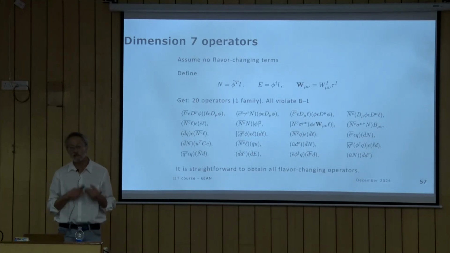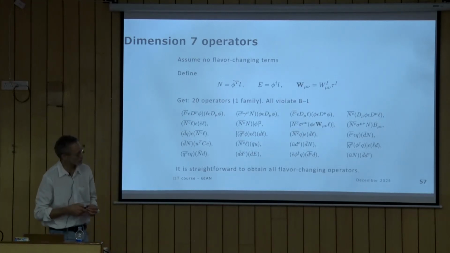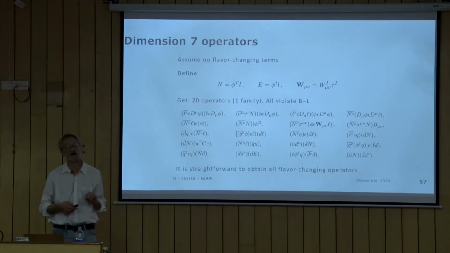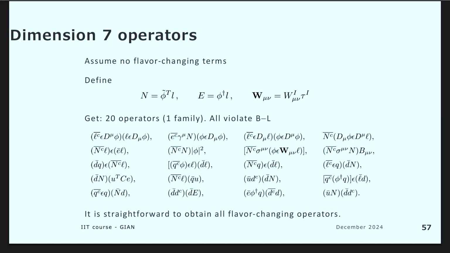Well, the reason is that this provides the not dimension 5 L violating operators that come up. There's also dimension 9 operators that violate L, but I will come to those in a minute. So because these are L violating and B minus L violating operators, they have a certain amount of interest.